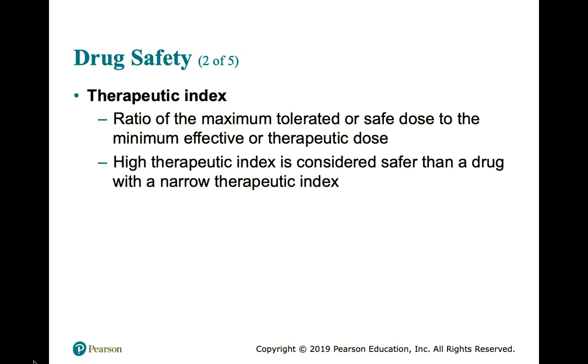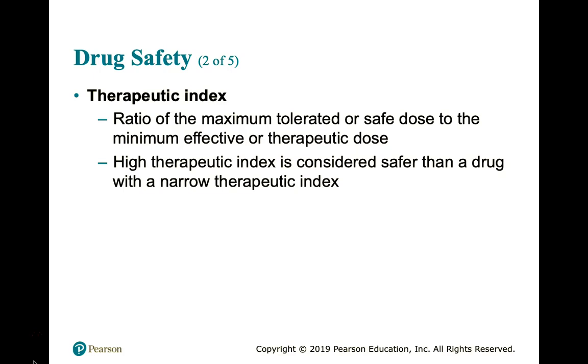Because if you go too much further, let's say a specific concentration is 25 micrograms per mil, and that is the maximum safe dose that is effective, you don't want to go too far above that.